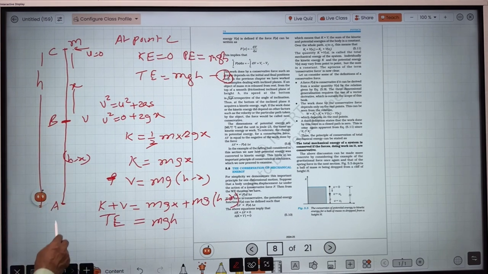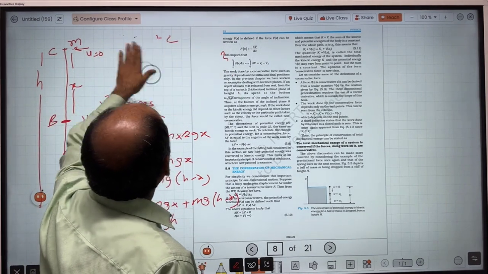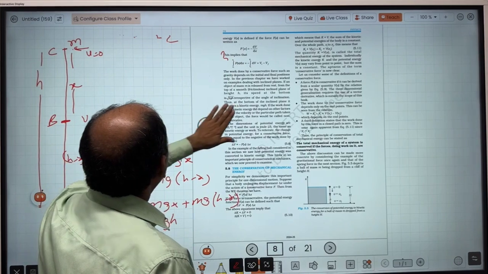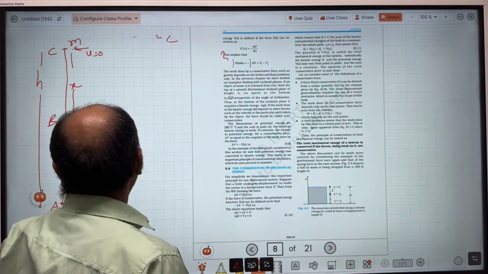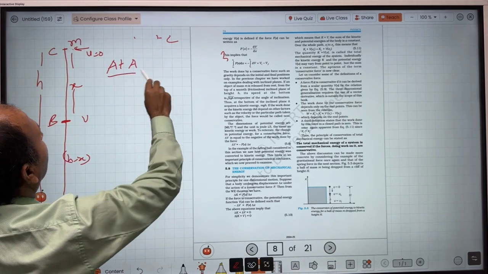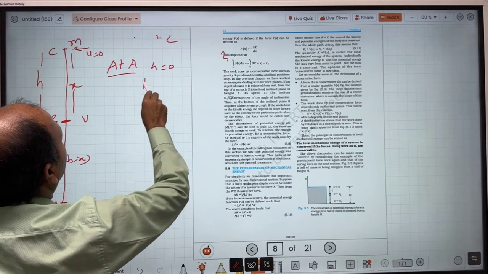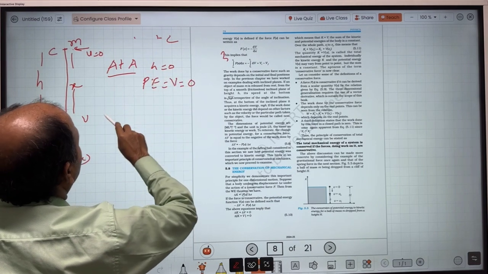Now consider the case when the object reaches point A. At point A, height will be 0. If height is 0, then potential energy will become 0. So at A, h equals 0 and PE, which is denoted here as V, will become 0.